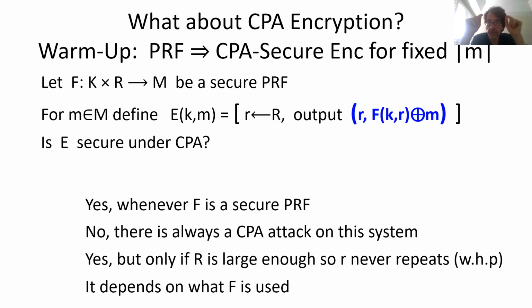But if there is a collision between R star and any other of the Ri's, then I win, because it's basically a repeated usage of a one-time pad, right? That was now used twice, and I basically know the one-time pad already because the chosen plaintext attack gives it to me. So I just XOR it out, and I know whether you encrypted M0 or M1.